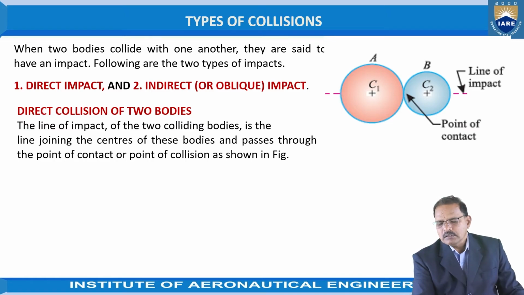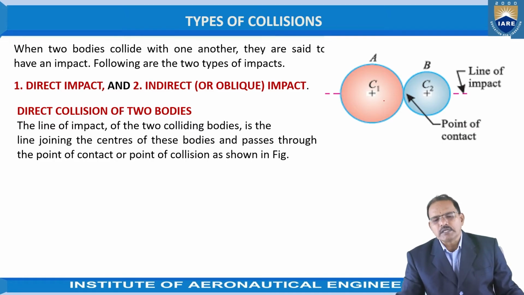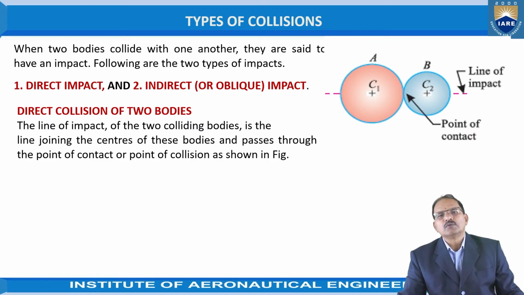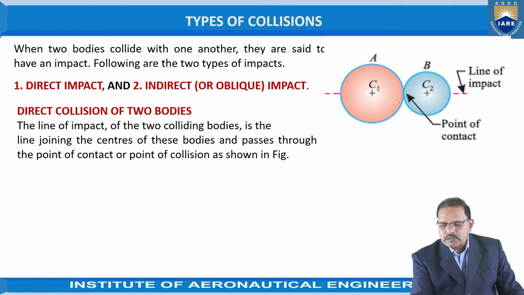Here C1 and C2 represent the two centers of the bodies A and B. If the bodies collide in line contact, the line which passes through the centers C1 and C2 and the point of contact should lie in the same line.